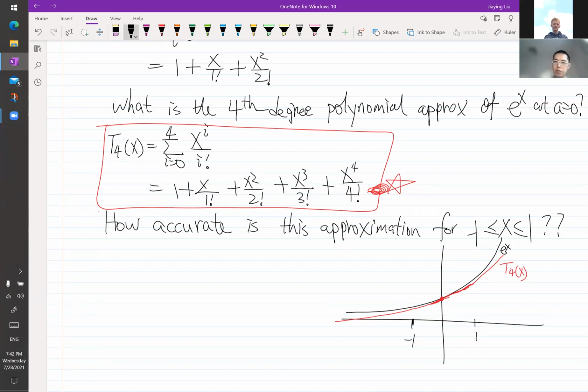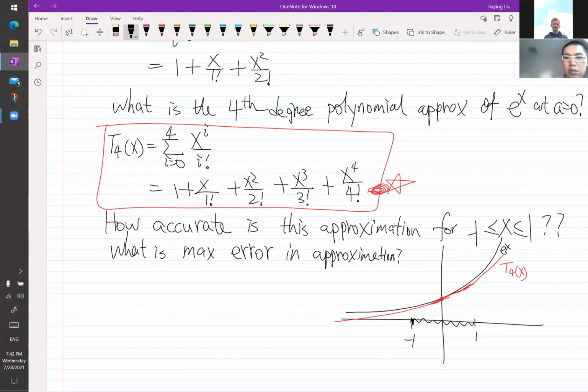For this given set of x values, we want to know how close the red curve is to the original function e to the x. How good is the approximation there? What is the error there? What is the maximum error in this approximation, the fourth degree polynomial, because it's not going to be exactly the same.